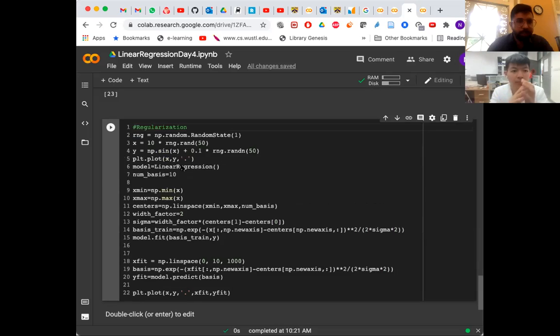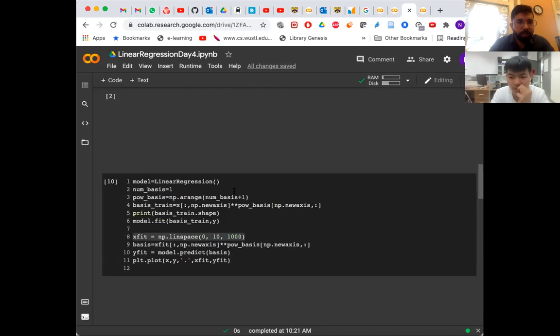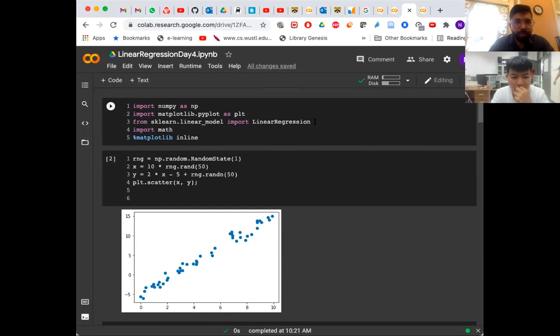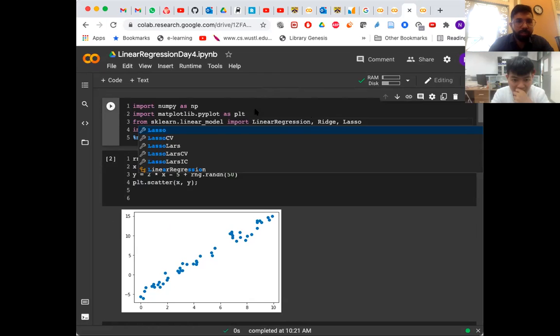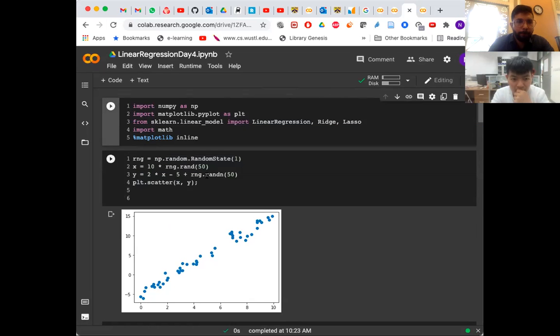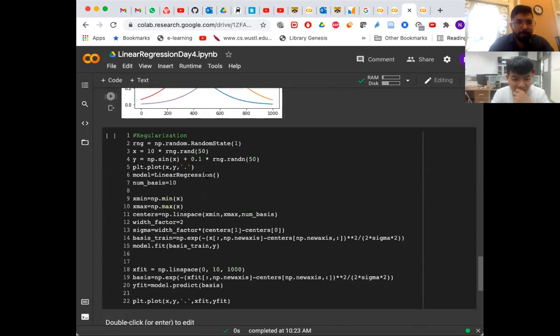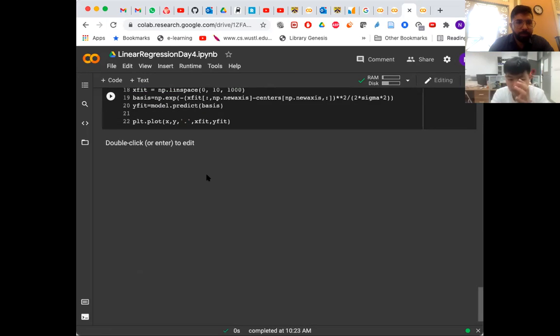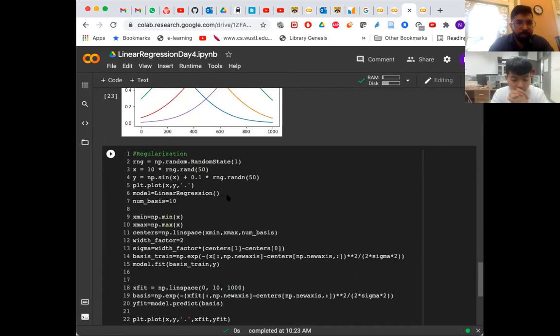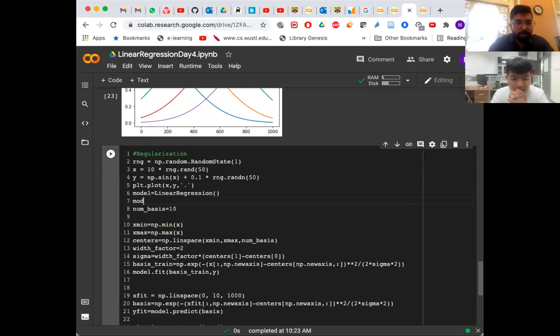Okay, so let's import this and Ridge, probably Lasso as well. Maybe we use it somewhere else. Okay, so I have one model here, and then I'll call it model_regularized, and let's call it Ridge.